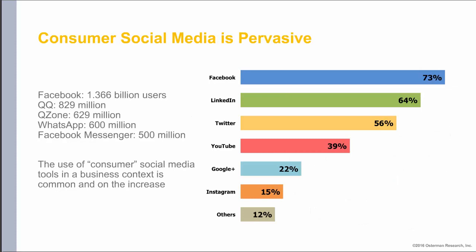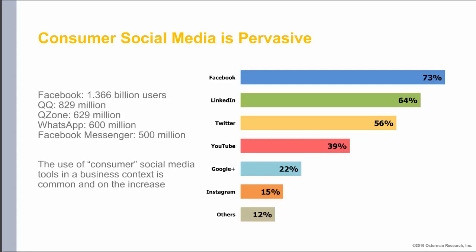We all know that consumer social media is pervasive. The vast majority of us use Facebook, LinkedIn, Twitter, Instagram, Snapchat, WhatsApp, just a really wide variety of social media tools. And these are really useful things. We find great utility in using Facebook for keeping up with friends and family, using LinkedIn to keep up with business contacts, using Twitter to share information, to gather information from industry experts and so forth.